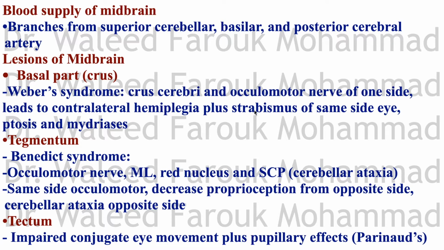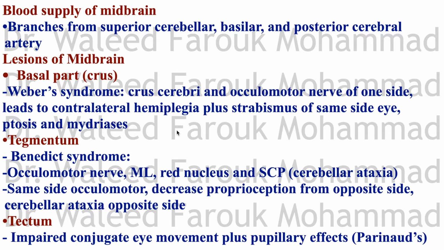The involvement of the oculomotor nerve causes strabismus, which is squint of the same side eye, plus ptosis, which is dropping of the eyelid.